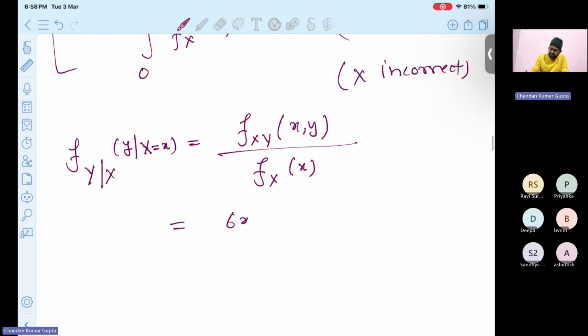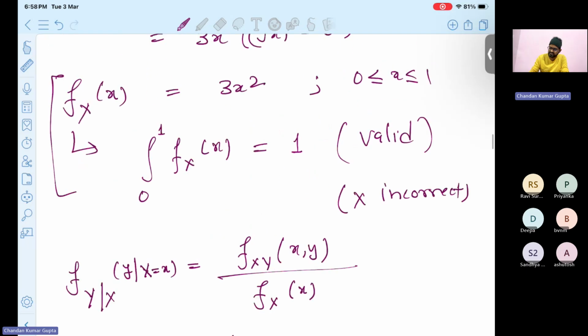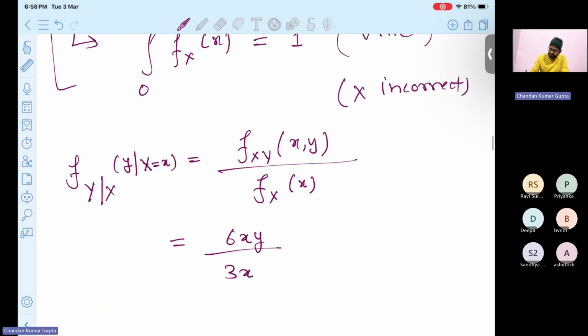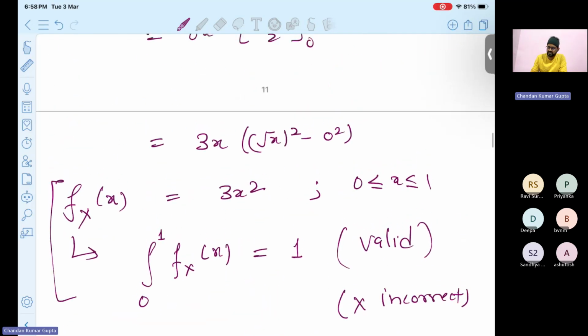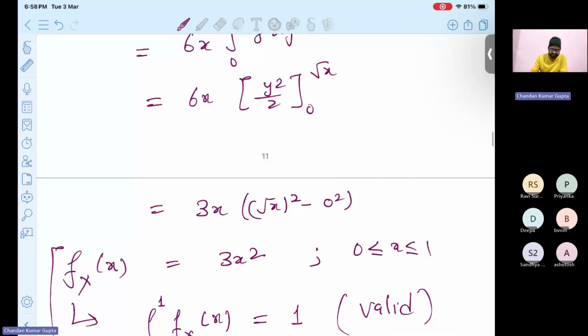The joint is 6xy, and the marginal is 3x square. So obviously it comes out to be 2y on x.